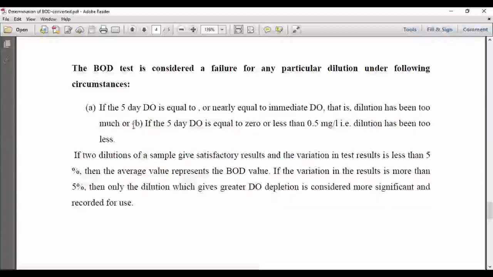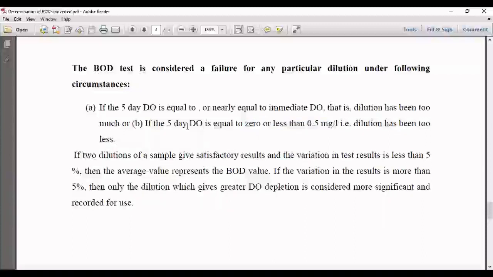Now there is a second case in which the BOD test is a failure. If the 5-day DO is equal to 0 or less than 0.5 mg per liter, then also we say that the BOD test is a failure, and we'll have to repeat it.